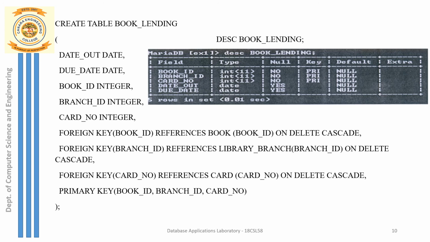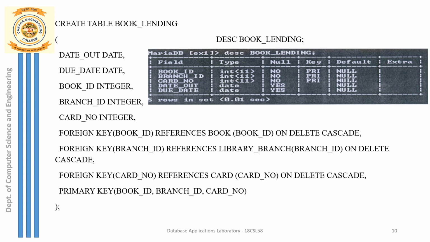Once I create the book lending table, inside it I can mention card number as a foreign key which is referencing the table card, and don't forget to write ON DELETE CASCADE.